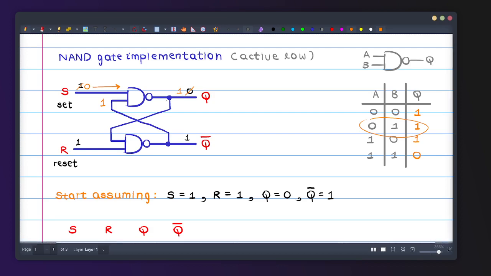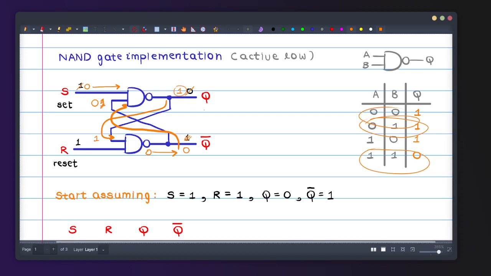But then soon after, this 1 passes through as the input to the next NAND gate, which means you have a 1 NAND 1, which would result in 0. And the 0 passes through to the Q complement value, which in turn changes from 1 to a 0. And then this 0 goes back up and changes this 1 to a 0. 0 NAND 0 is 1, which means that this 1 stays as it is. And now you reach a stable state where the values are where they are supposed to be.